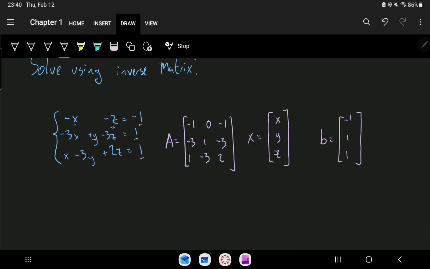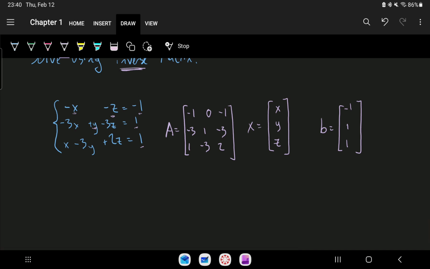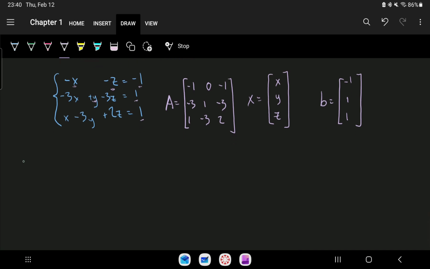Okay, so the directions tell us that we need to solve using an inverse matrix, right? So the first step is we need an inverse matrix. So we're going to start by solving for A inverse. And if you don't know how to do this, I refer you to our most recent video on section 1.4, which goes over the inverse of square matrices.